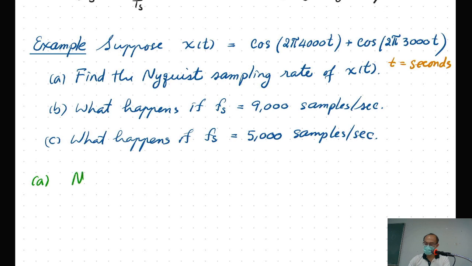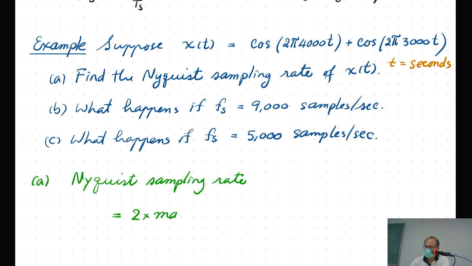The Nyquist sampling rate is just twice the maximum frequency of the signal. If you look at the signal, what would be the maximum frequency? This signal has two frequencies, one at 4,000 hertz, the other at 3,000.